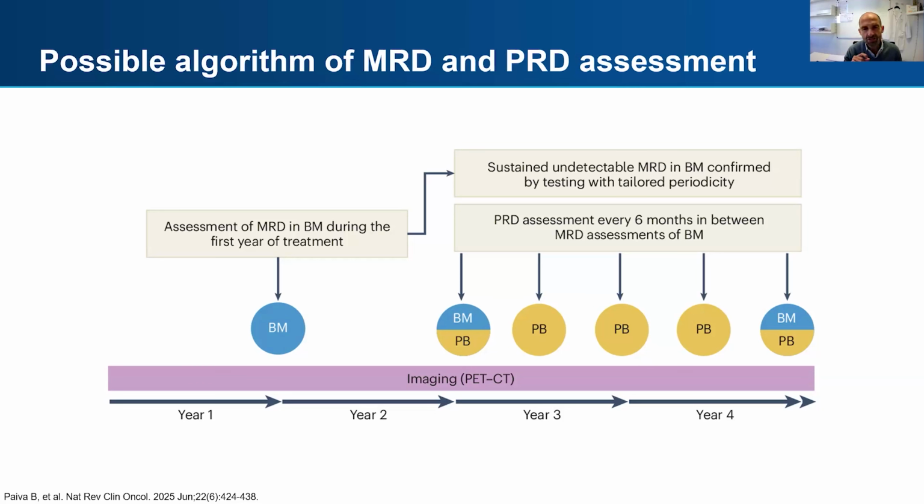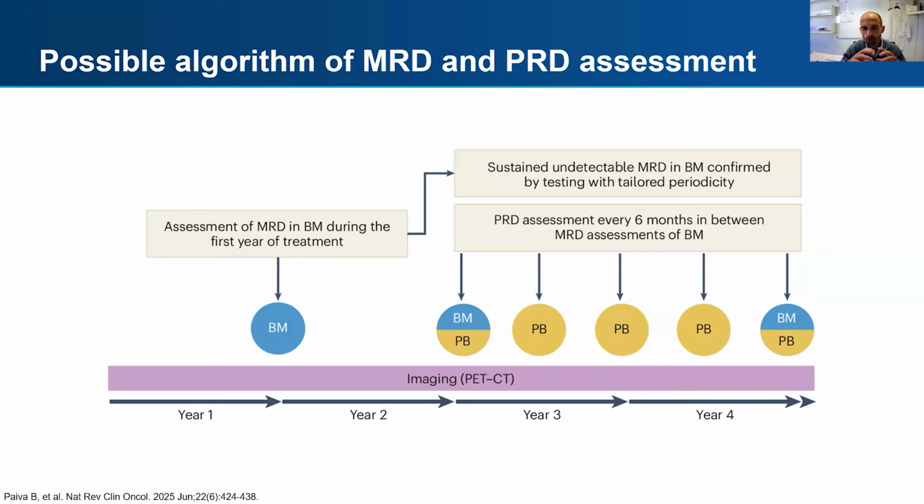But in those patients achieving 3 or more years of sustained undetected MRD, we know that these patients have high chances of achieving a very long progression-free survival. And during that very long progression-free survival, we want to space out as much as possible bone marrow aspirates. We don't want to eliminate bone marrow aspirates because we know these are very important.